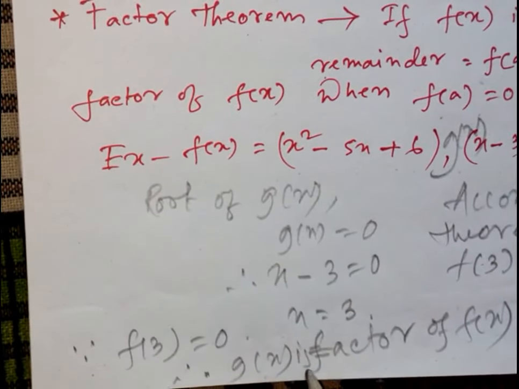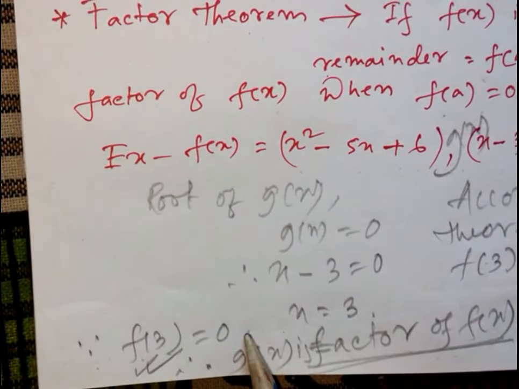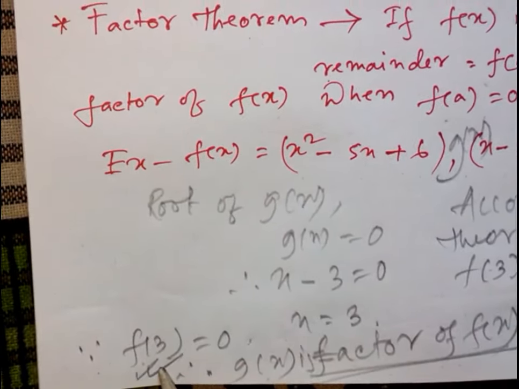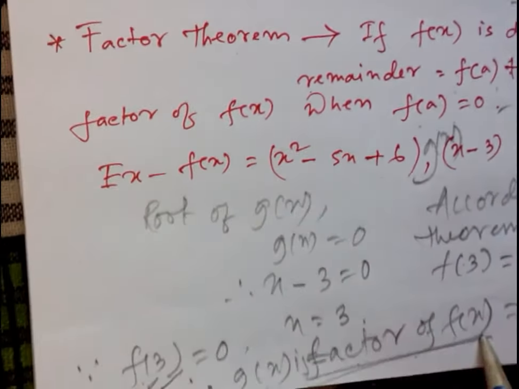This is because of the factor theorem. We can write here f of 3 is equal to 0, then we can say according to the factor theorem, g of x is a factor of f of x. Clear?